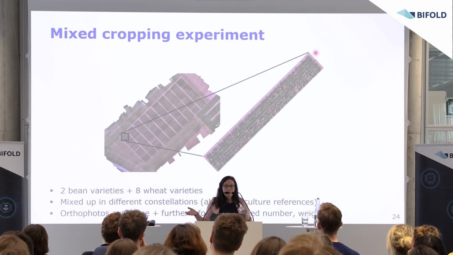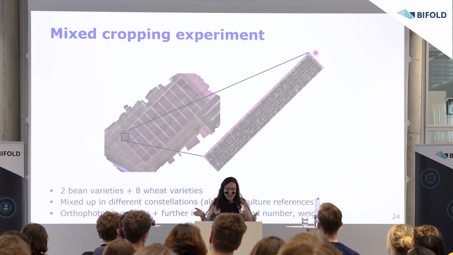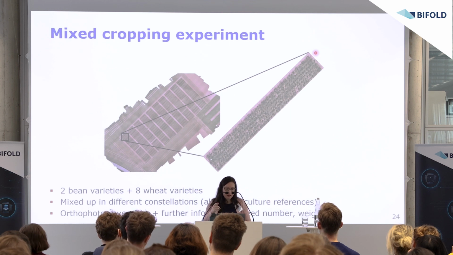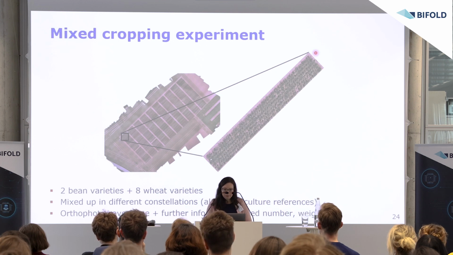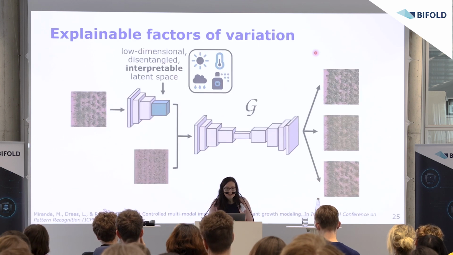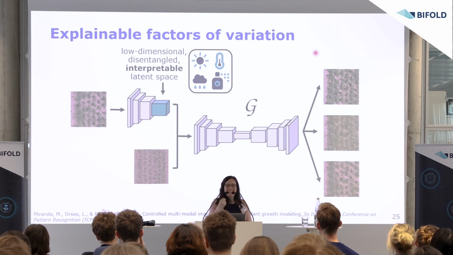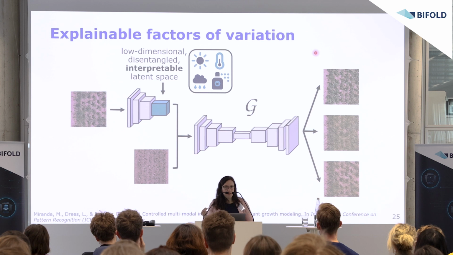But it's not clear what is a good fraction, and you cannot test everything in the field. It's impossible. What we have are photos over time, and further information about the seed number, the biomass, the weight, the height, and so on. And we designed a generative model where interpretability was the key to be actually successful.